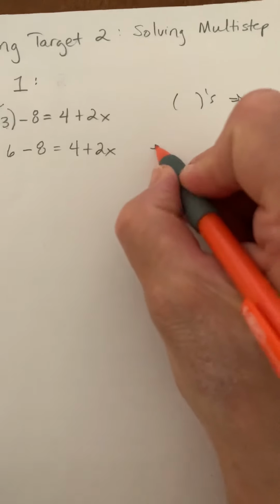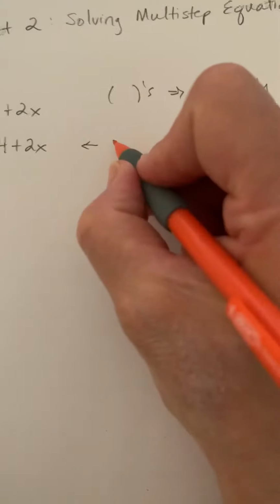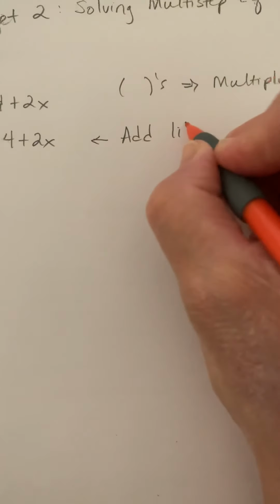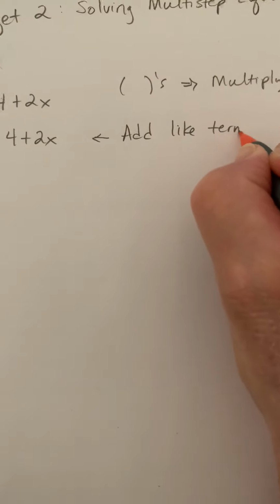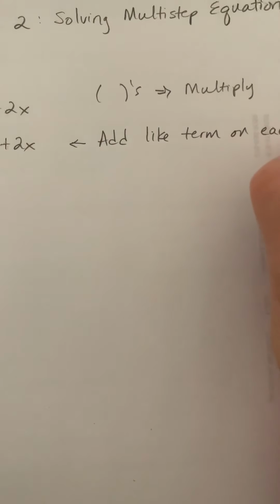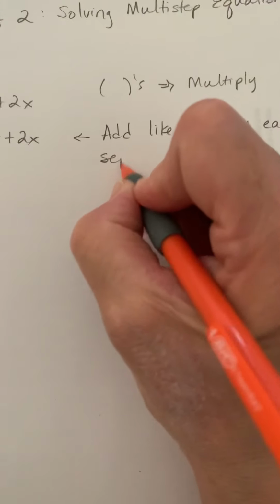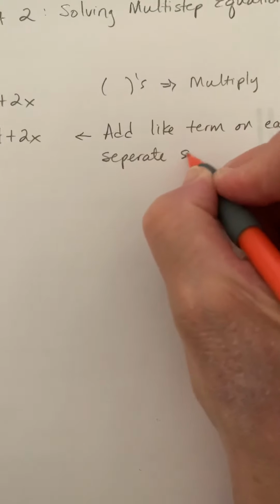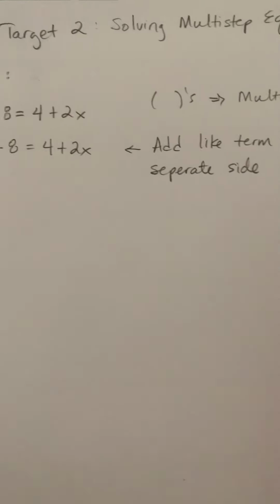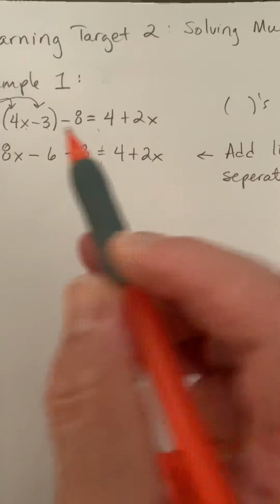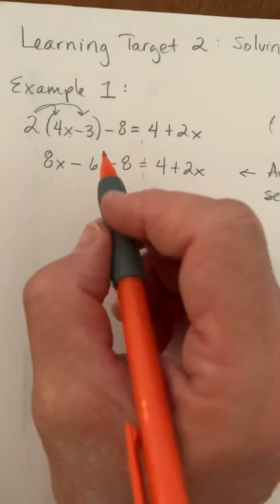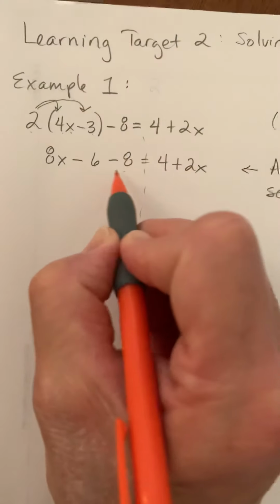So at this point, we have to add like terms on each separate side. Okay, so on this side, what are our like terms? Well, our like terms are just the plain old numbers.